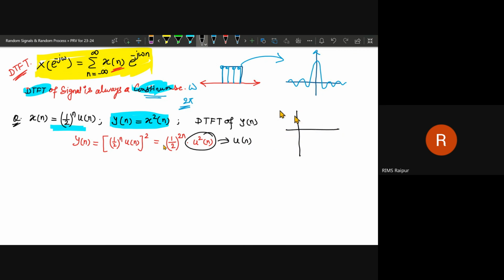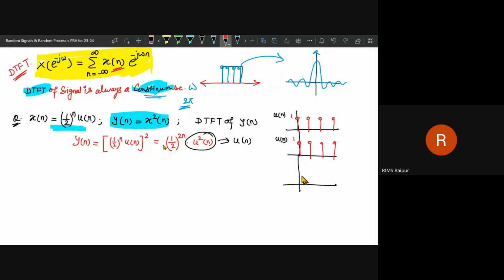Look, the plot of u of n is like this. And consider another unit step sequence like this. Now, if you multiply these two sequences, this is u of n, this is also u of n. The multiplication will be based on the time axis.